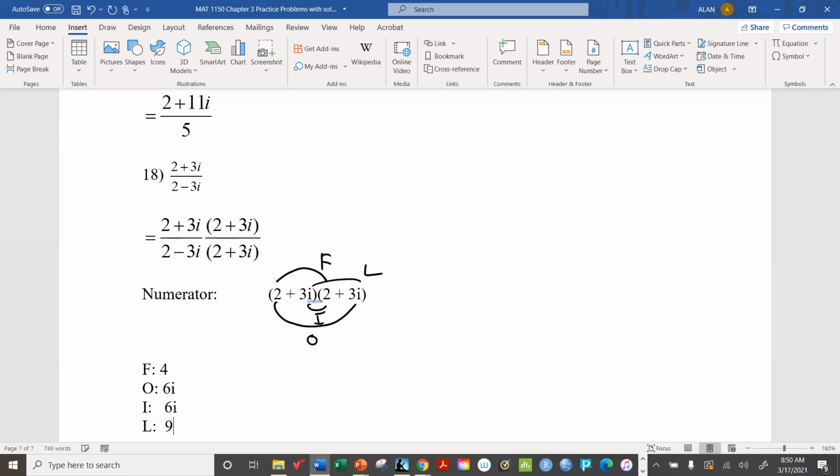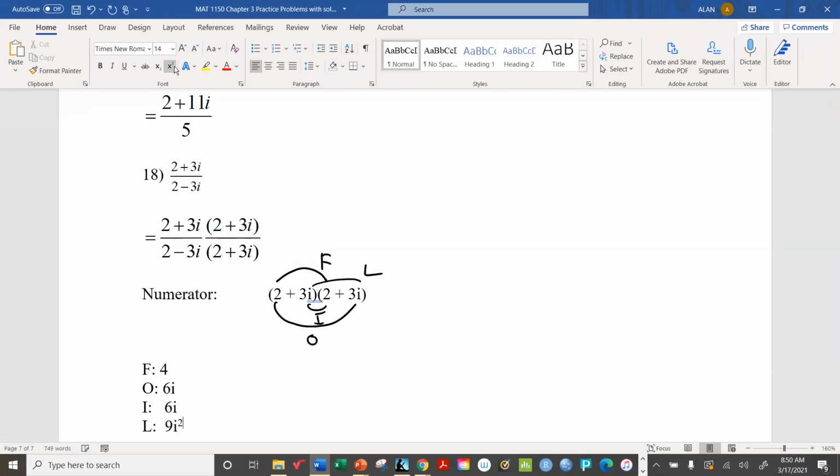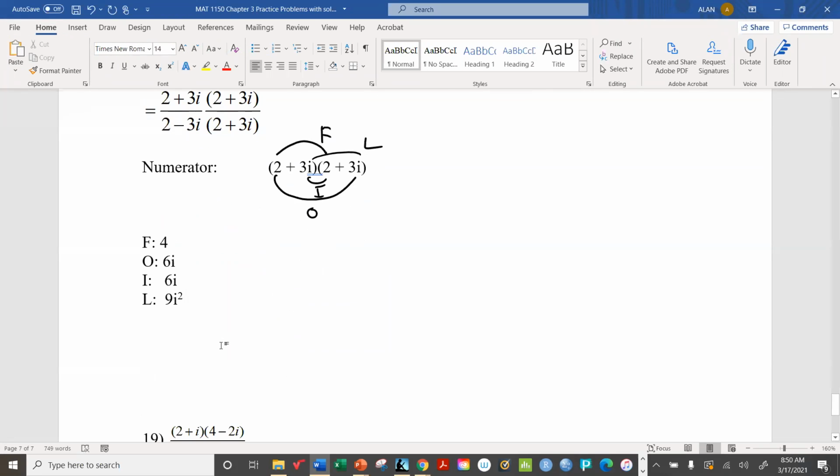No, sorry, it's 9i squared. All right, so we'll bring them together. 4 plus 12i, plus 9 times negative 1. 4 plus 12i minus 9 equals minus 5 plus 12i. Fine.